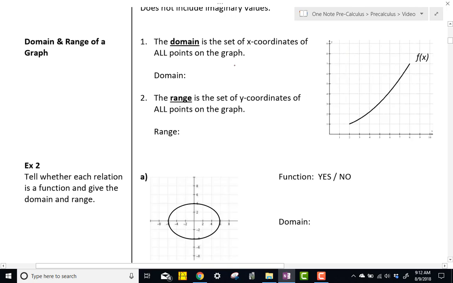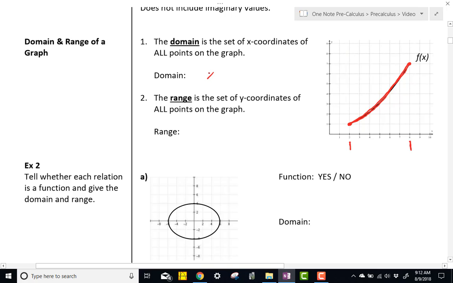Now, if you look at this graph, if I were to start looking at the x values, I don't care about the y's, all I care about is the x's. I've got an x starting at 2, and my last x finishes at 8, but all of these other values in between also have x values. So I would say that the domain of this function goes all the way from positive 2 up until positive 8. And there's a couple of ways you can write that.